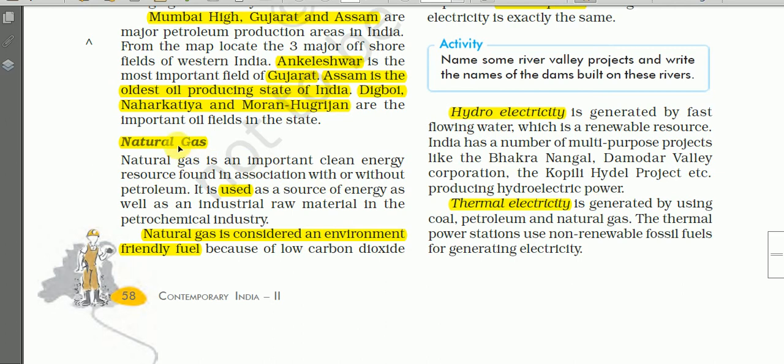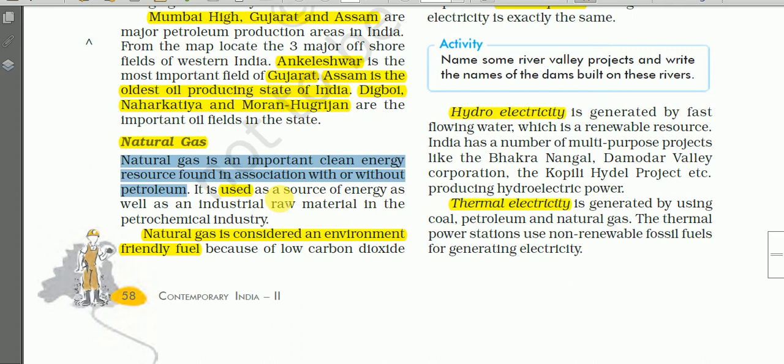Next we have natural gas. Natural gas is also a hydrocarbon, in gaseous form, and petroleum is also a hydrocarbon. Natural gas is an important clean energy resource found in association with or without petroleum.